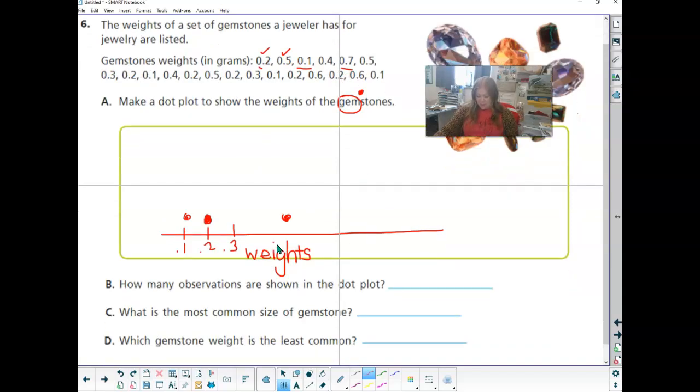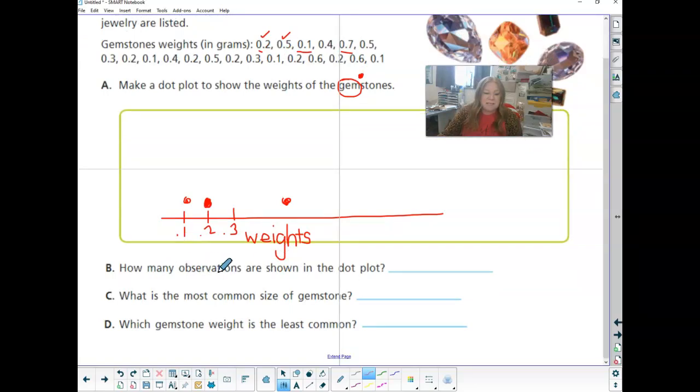And then we have 3 questions to answer. The first one says, how many observations are shown? So that's how many gems are there, which are the dots. How many dots do you have on your dot plot? What was the most common size? So I'm looking for the one that goes up the highest, and I tell how much they weighed.